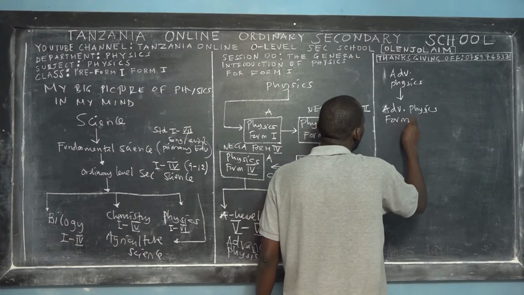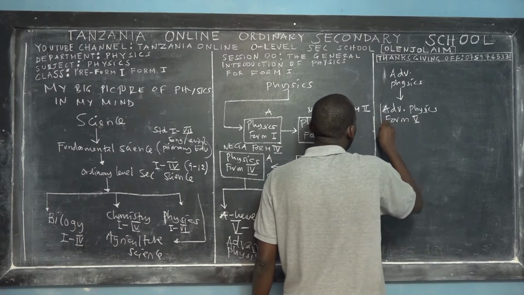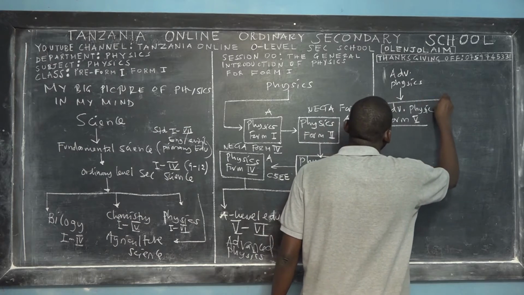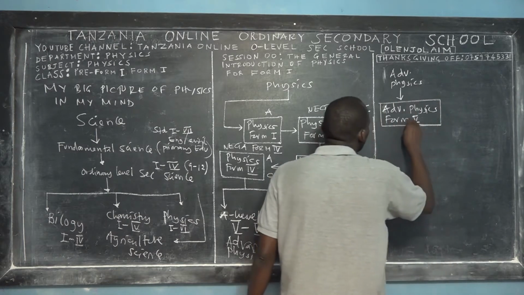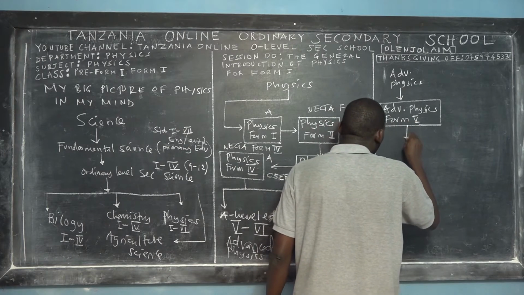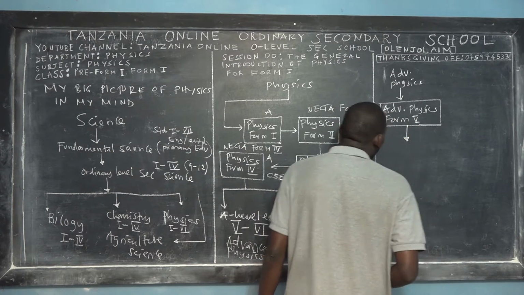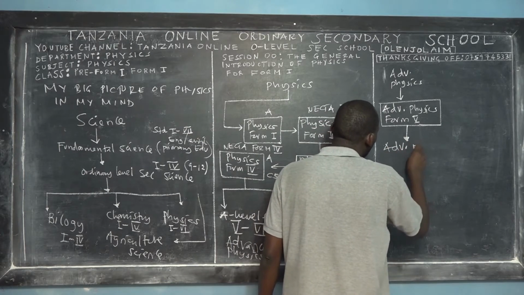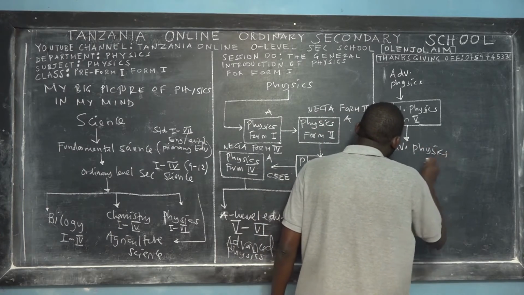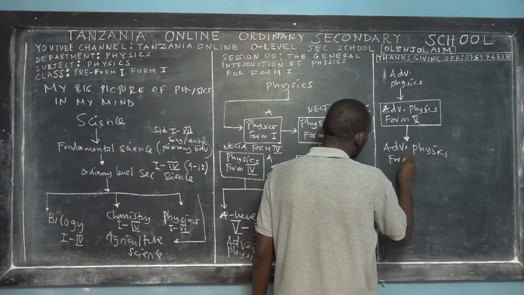This is Form 5 students, right? And then when you pass this advanced physics for the Form 5 students, believe me, you have to make sure that you take a route, because the majority of students in Tanzania pursue advanced education. So then you have to go to advanced physics, and this advanced physics is for the Form 6, right?